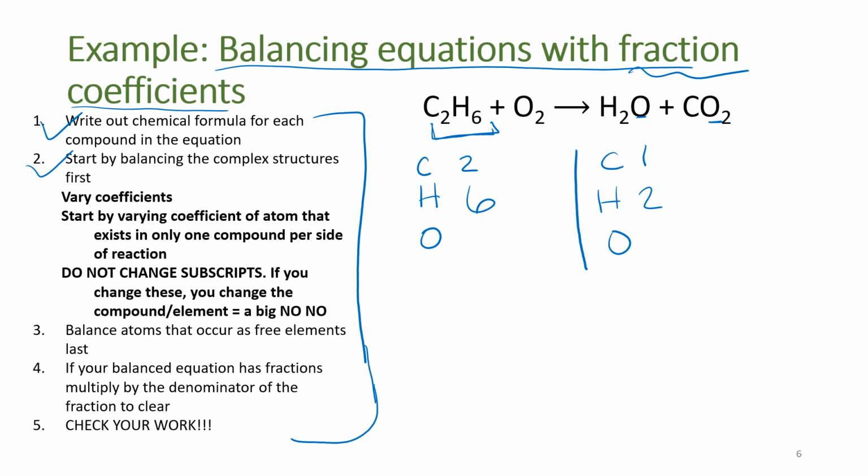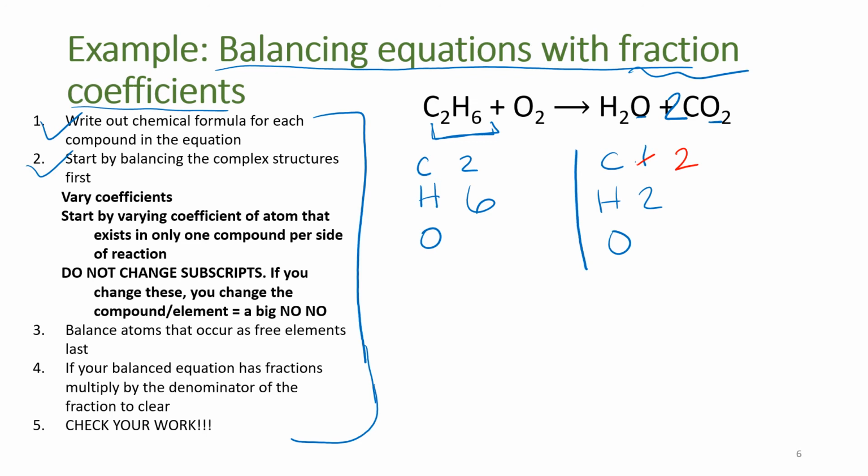Like I said, ignore oxygen right now. We'll fix it later. So on the reactant side, we have 2 carbons, so we are going to place a 2 in front of here to get now, and I'm going to use a different color. So now we have 2 carbons, right? And we're good with the carbons.